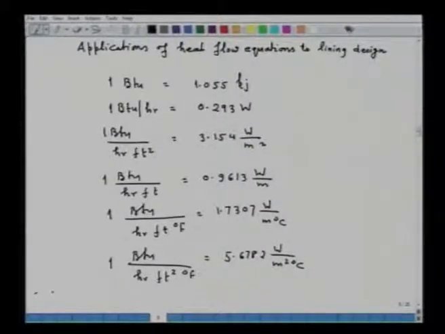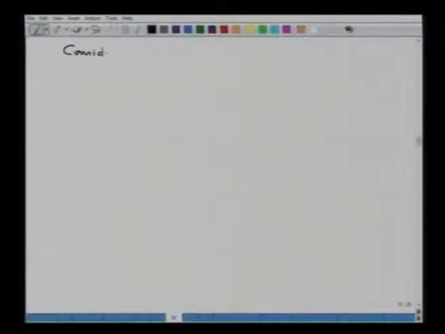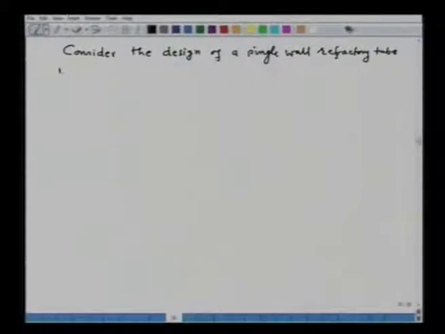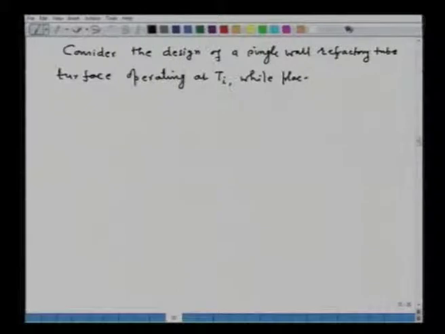Now, with this, let us take another problem. Consider the design of a single wall refractory tube furnace, which is operating at temperature Ti, while placed in environment at temperature T0.